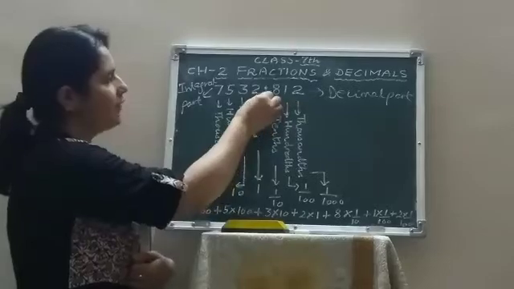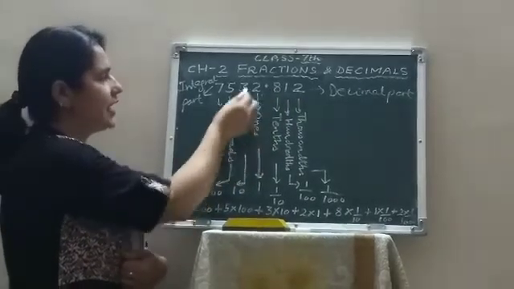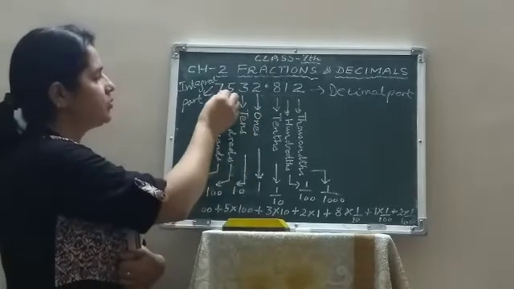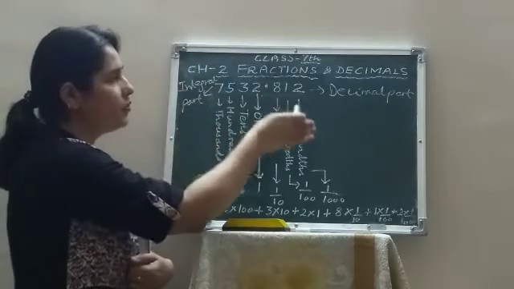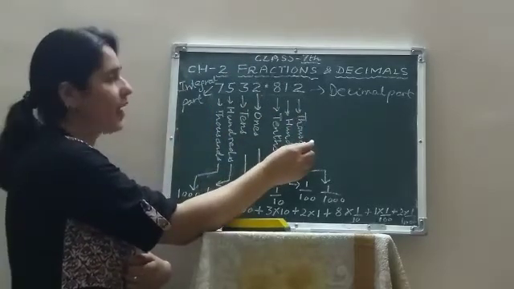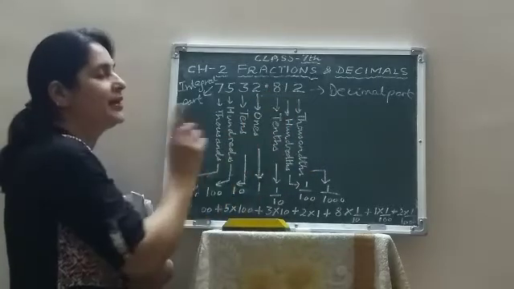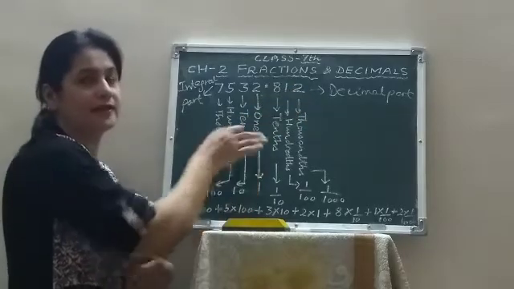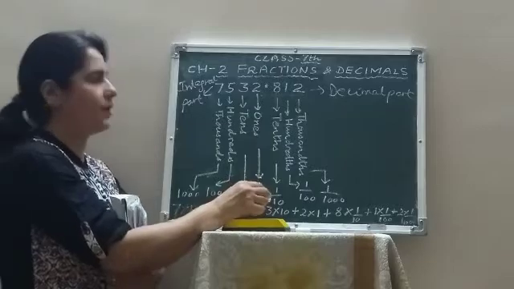This 2 will have the place value of ones, the place value of 3 is tens, the place value of 5 is hundreds, the place value of 7 is thousands. But if you move on to the decimal part, on the right hand side, the place value of the first digit is tenths, the next digit hundredths, and the next one thousandths, and so on.